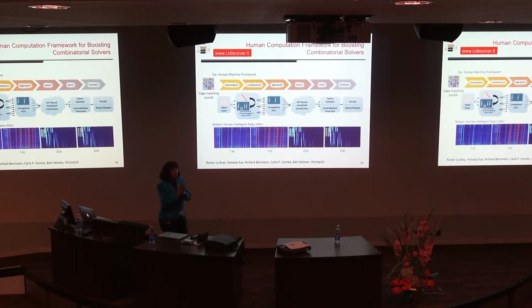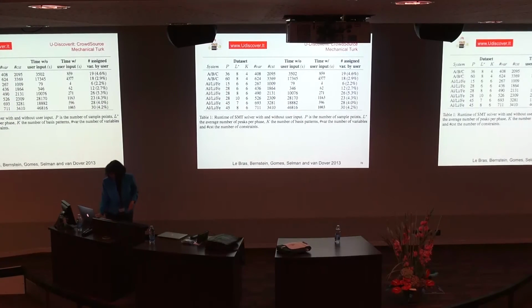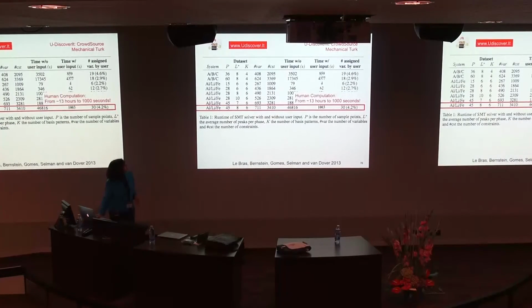Our scientific question is, can humans still help solve combinatorial problems? And here, this is a good example of that. So for you to see, the SAT solver goes from 13 hours to 1,000 seconds, just a few minutes, when we provide minimal input from the humans.